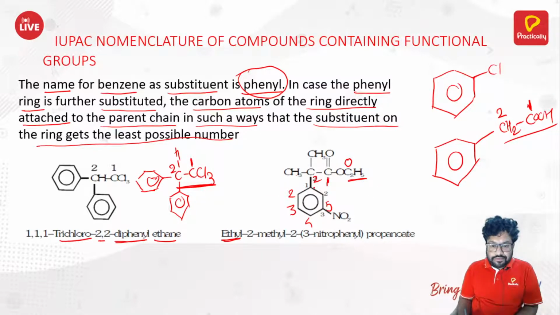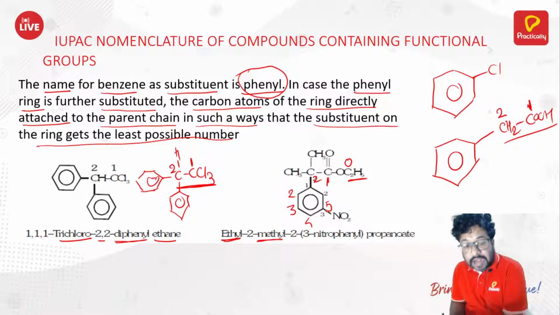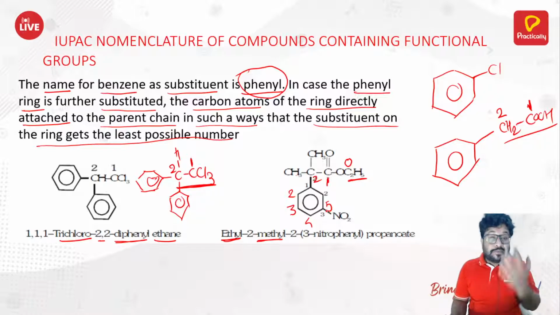So this is ethyl. Then what do we have at the second position? Methyl, right? Ethyl 2-methyl, then dash 2. At the second position you have a benzene ring along with a nitro group, and the nitro group is attached at the third position of the benzene ring. So how do you name it?